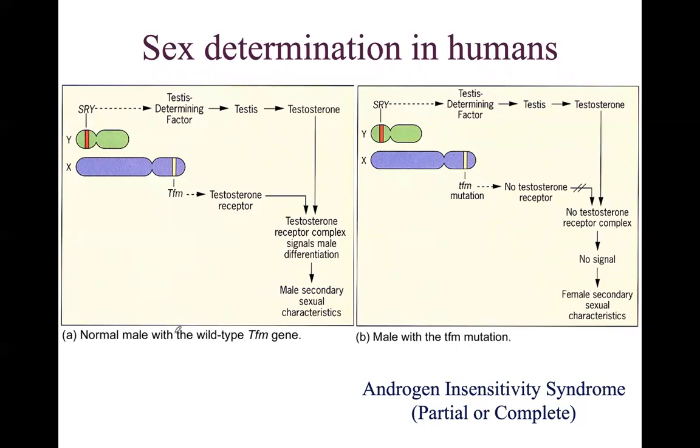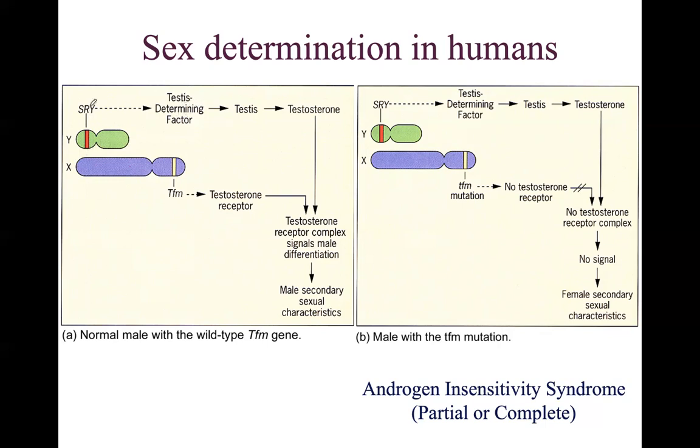On the left side, we're going to see the way we activate a normal male. And in the absence of what we're going to see, then we go the default pathway. Remember, our default pathway is we all start off as going towards female. Let's take a look here. Here's the Y chromosome. Here's the SRY, that testis determining factor. That's that region of the Y chromosome that determines sex, right?